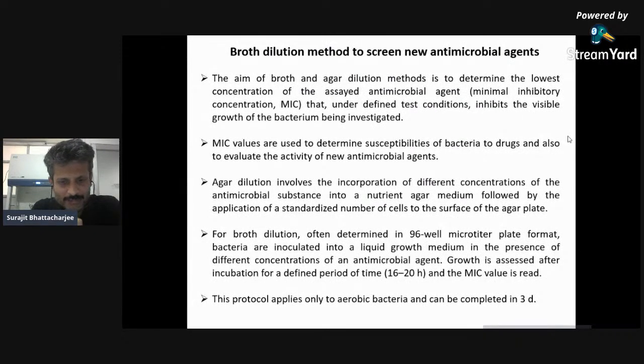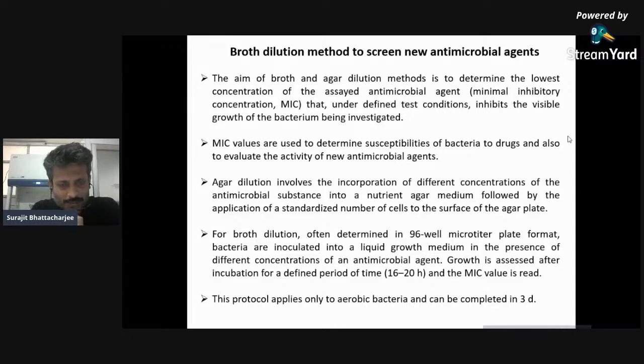Now I am going to describe briefly the broth dilution method. The main aim of the broth dilution method is to determine the concentration of the antimicrobial agents which we want to screen for their activity under the defined test condition. Defined test condition means we can define the time frame, the concentration, and also the other parameters of the medium.